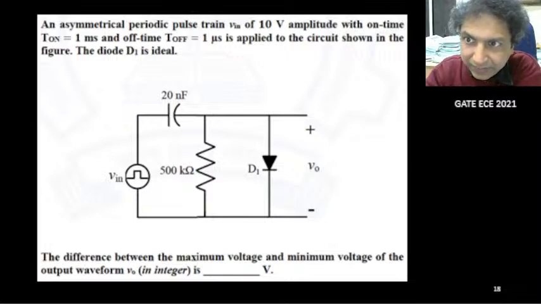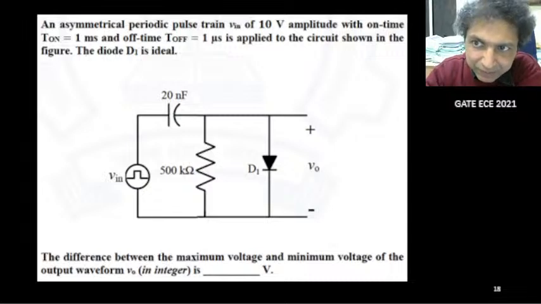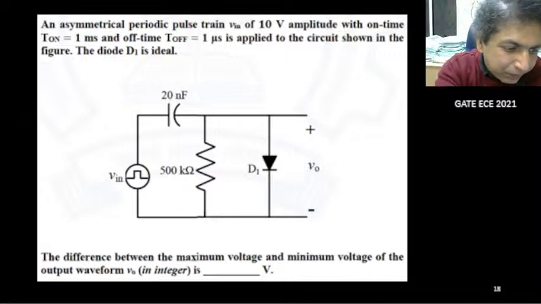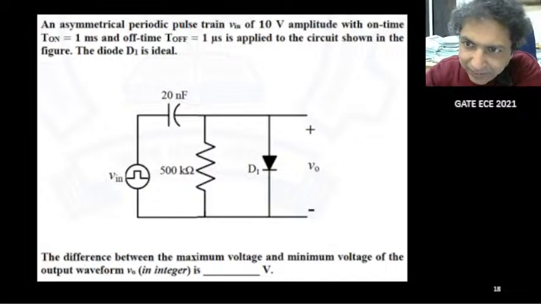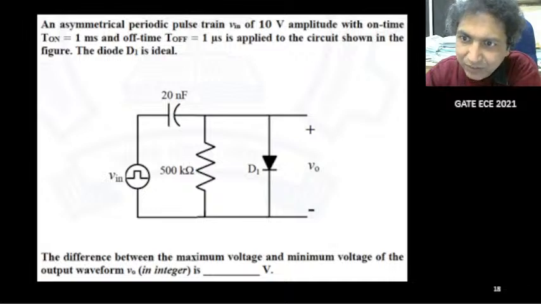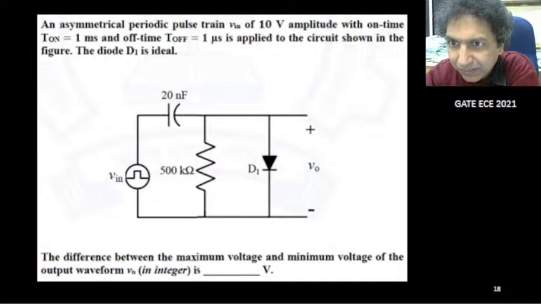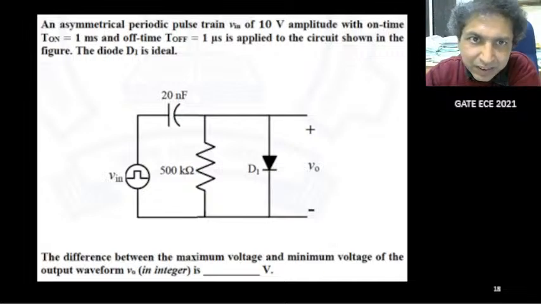It is saying that the input voltage is a pulse train, an impulse train. Then one capacitor is given in series, and then in parallel 500 kilo ohm and one diode. The diode is considered as an ideal one.